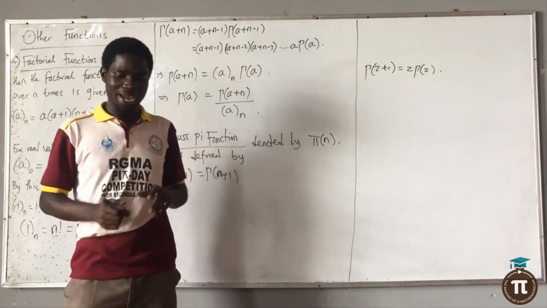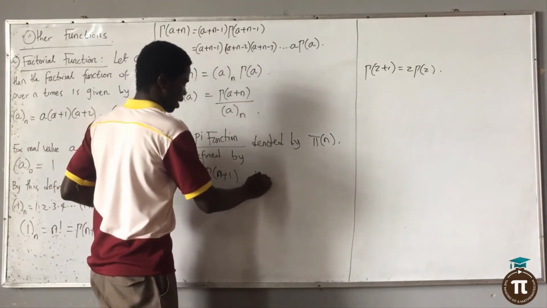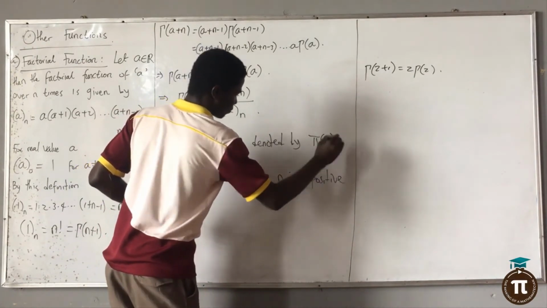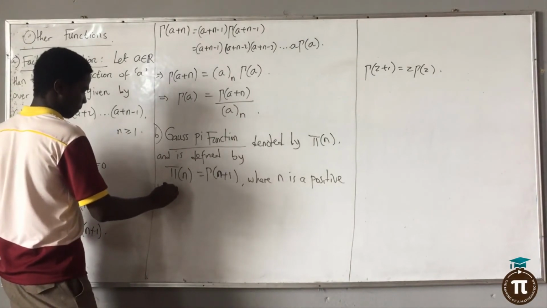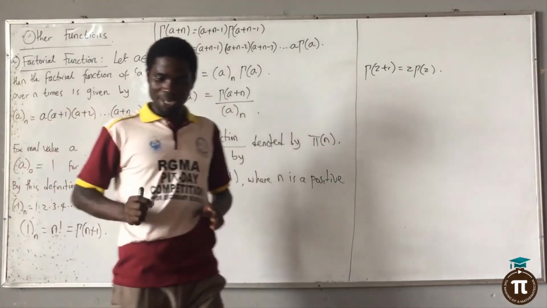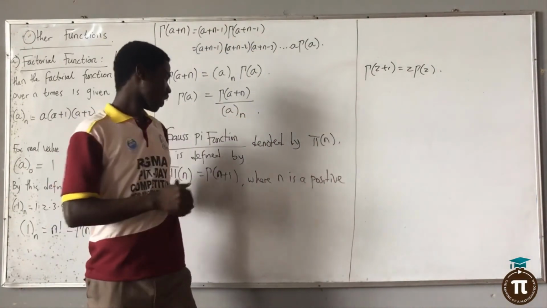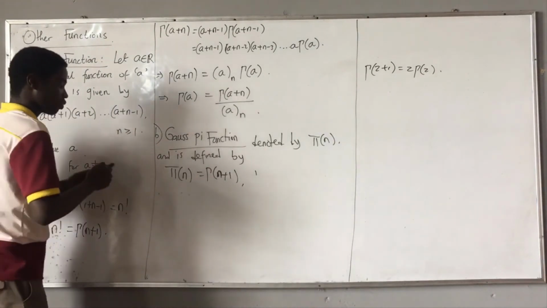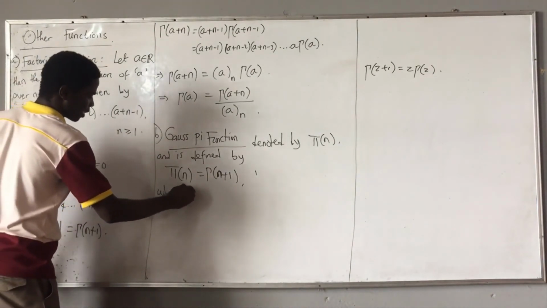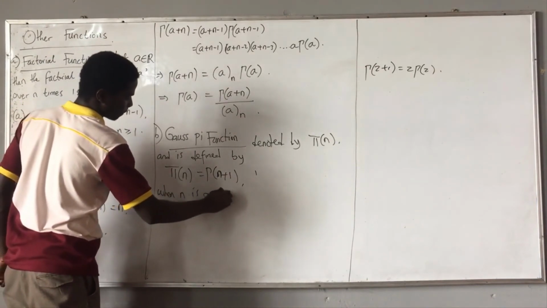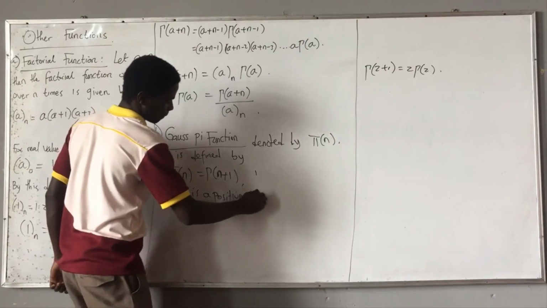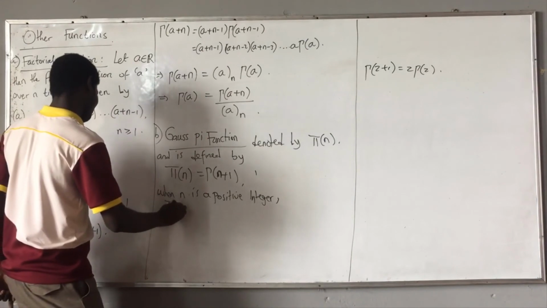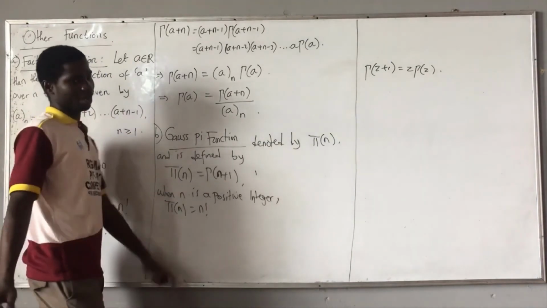So they are actually the same, because the pi function of n is equal to the gamma function of n plus 1, where n is a positive integer. So that is what we define it to be. So when n is a positive integer, then the Gauss PI function of n will be exactly n factorial.